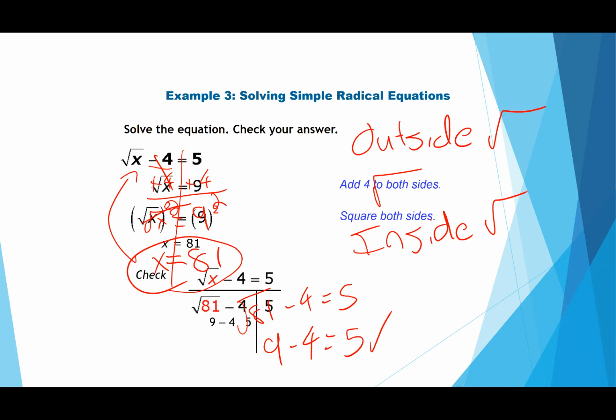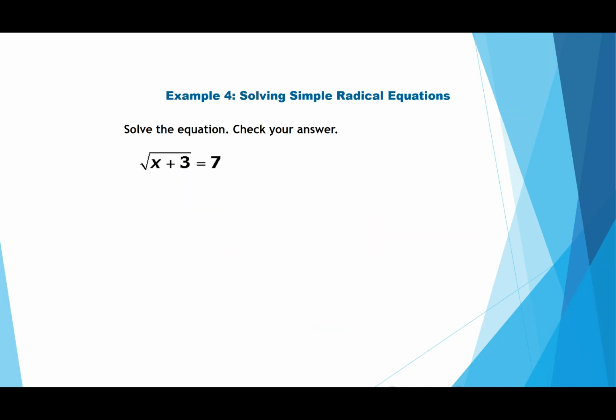Remember, outside the radical, then the radical, then inside the radical. So here on this side, there's nothing outside my radical, which is good. But notice the 3 is inside. So I can't do anything with the 3 until the radical's gone. So the first thing I need to do is get rid of the radical so that I can have just x plus 3 equal to 7 squared, which is 49.